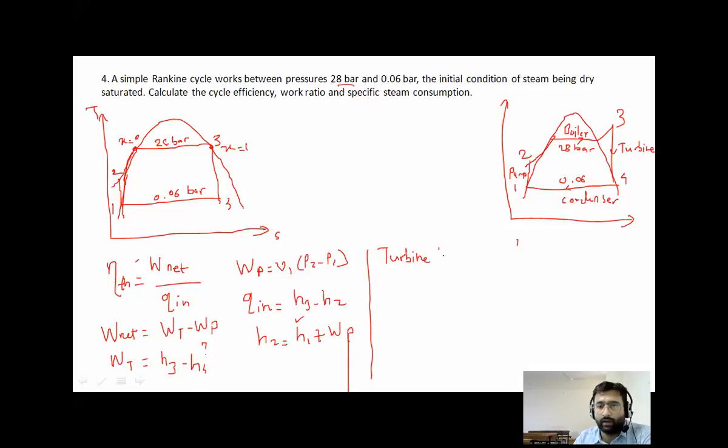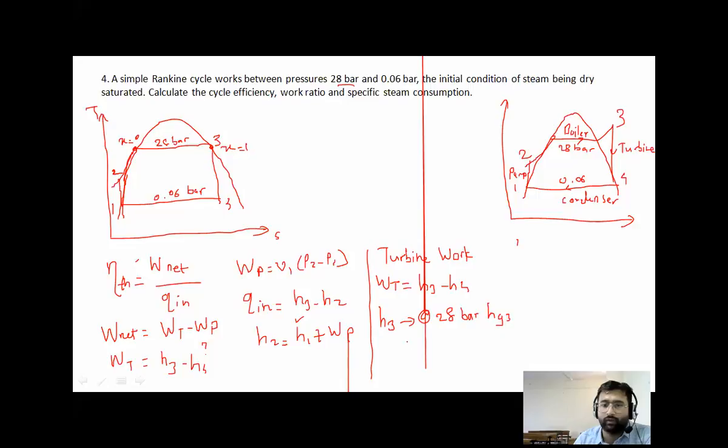Work done by turbine: WT is equal to H3 minus H4. H3 is nothing but, at 28 bar, Hg3. So at 28 bar, go to the steam table and check the Hg value.